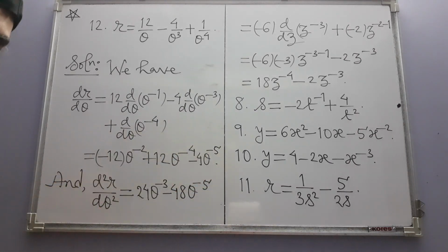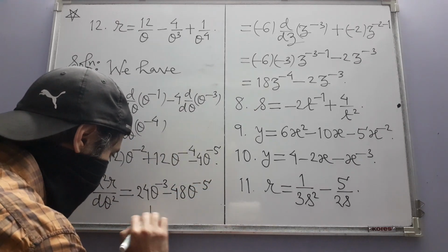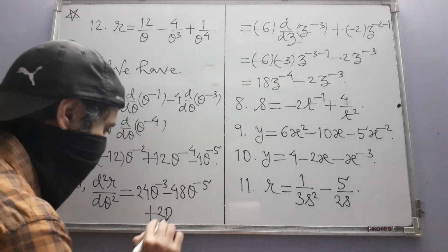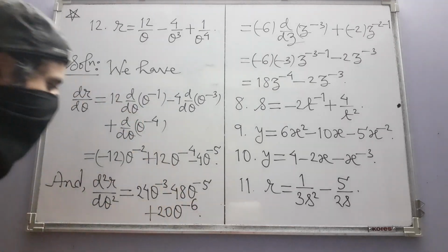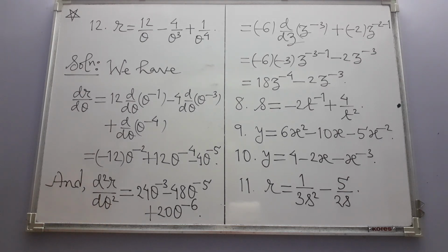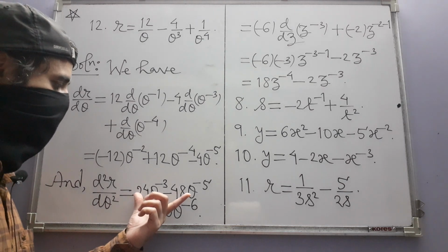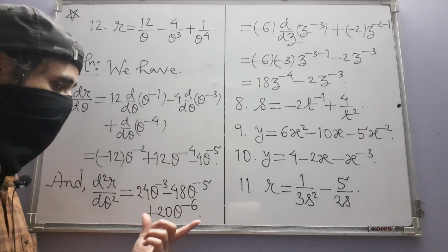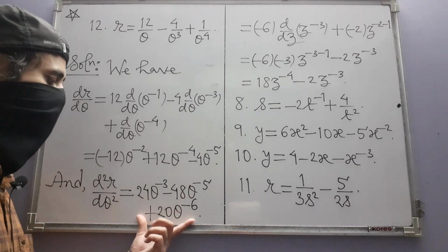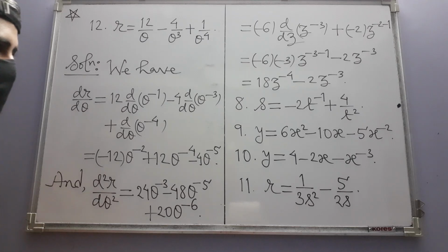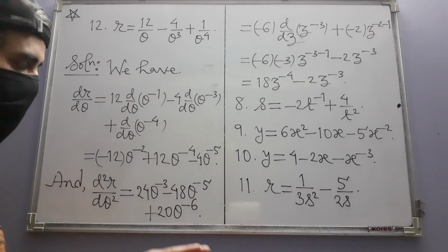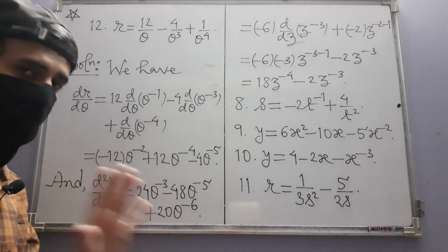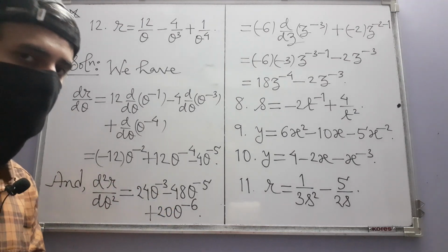Minus 4 times minus 5 is plus 20 times theta to the power minus 5 minus 1, minus 6. So this is the second derivative. But keep in mind, you don't do like this, not like this, not even like this. You really write all the steps and make sure that I also haven't made any mistake inadvertently.